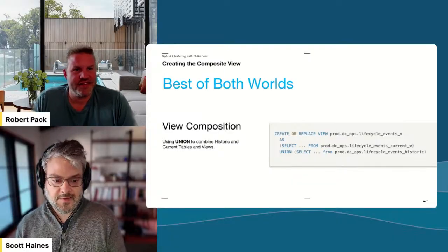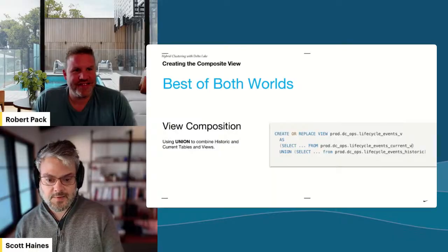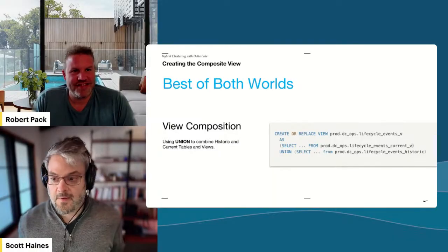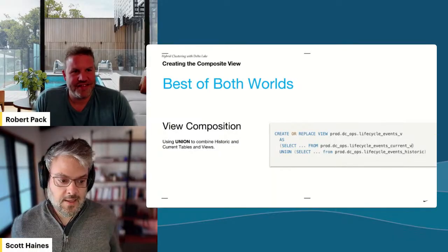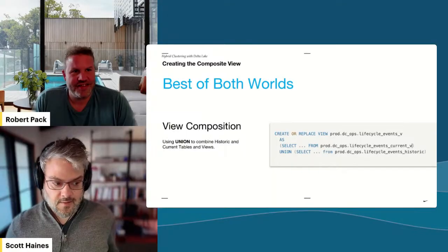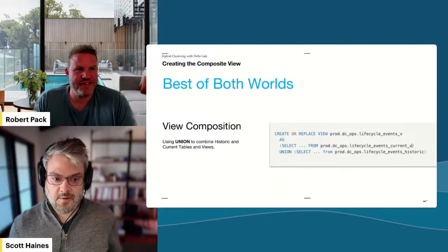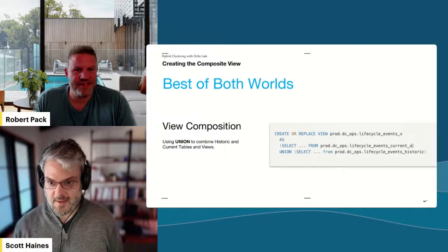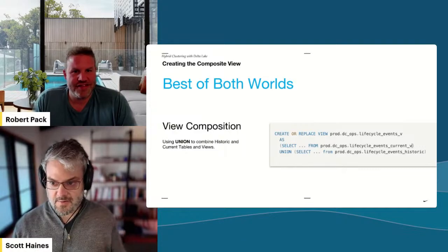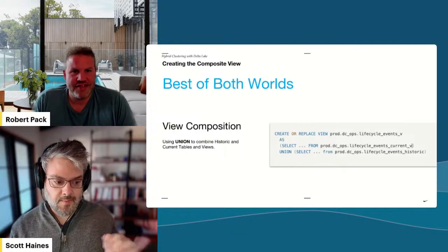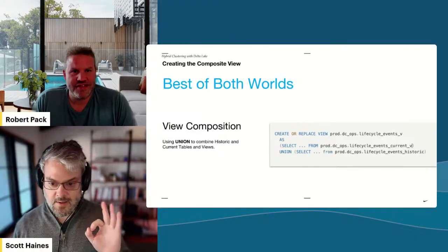True. So best of both worlds is essentially creating that view composition. We can union the historic and current table of views. So in this case, if we had lifecycle events underscore v, and then we're selecting from our lifecycle events current v that we were showing before, that was using that predicate condition in our where clause, then unioning that with our historic view, that's great.